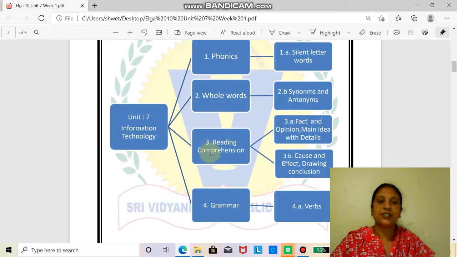The third component is reading and listening comprehension, where we revise fact and opinion, main idea with details, cause and effect, and drawing conclusions. The next component is grammar, where we revise verbs. So let us begin with phonics.